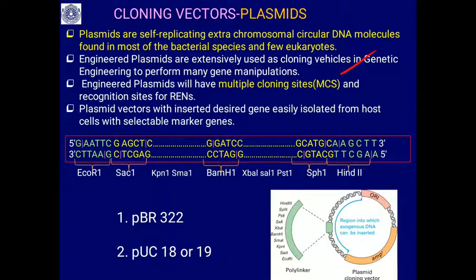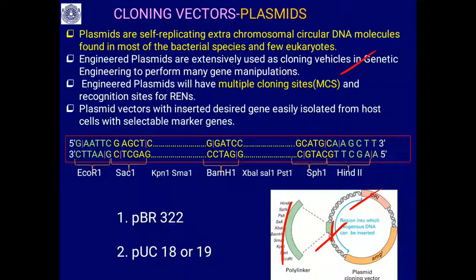This is the general structure of a plasmid vector. It has a multiple cloning site. A multiple cloning site means a short sequence of DNA, about 50 to 100 base pairs, which consists of the recognition sites for many restriction enzymes, restriction endonucleases.